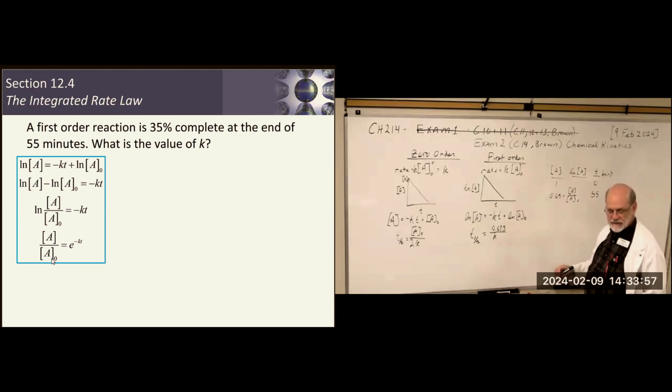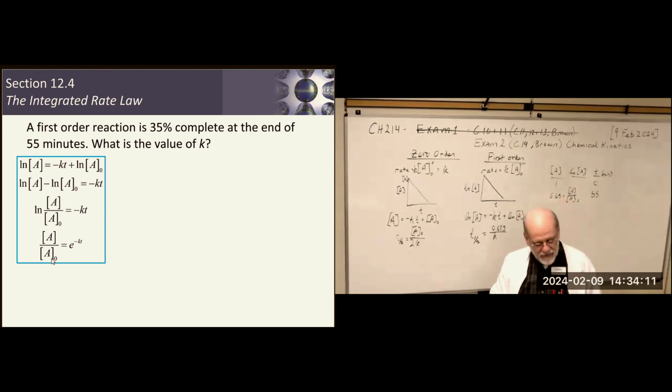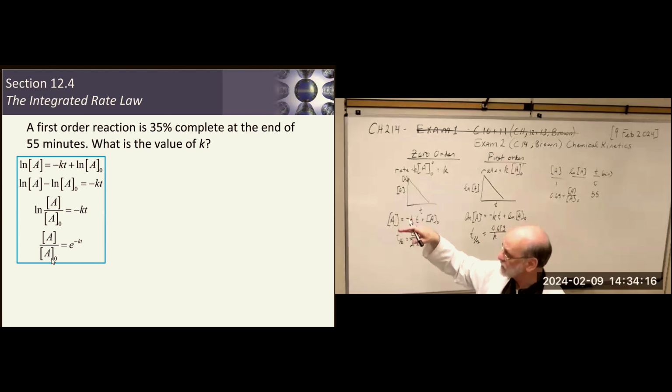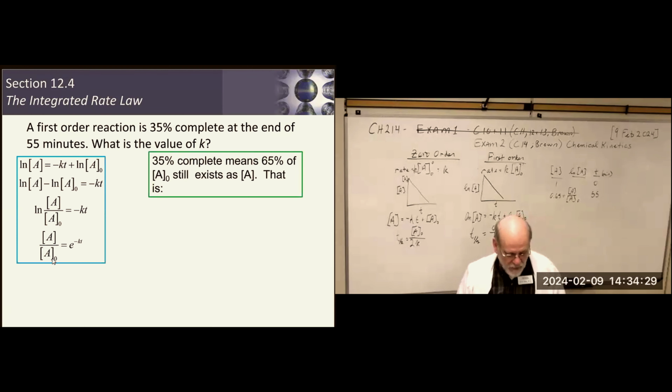If it's 35%, then we've got this much A left over relative to what we had. If this is 1, this would be 0.65. And the ratio would be the same no matter what. 0.65 is the ratio. So I needed an expression of ratio. So I took that equation and I worked backwards until I got the numerical ratio of A and A0, which is equal to E to the minus KT. So now we know that we've got 65% is the ratio of A to A0.